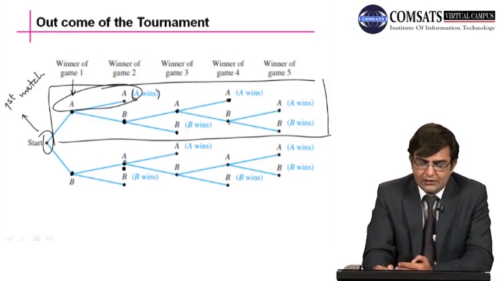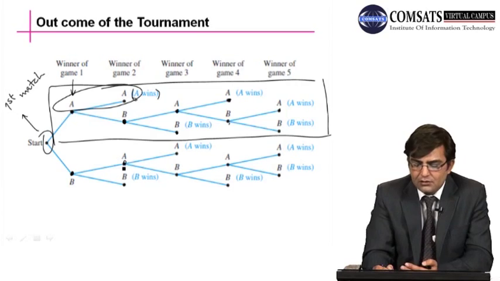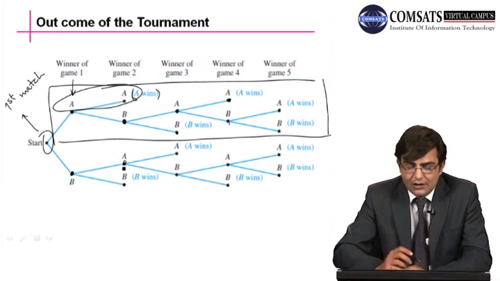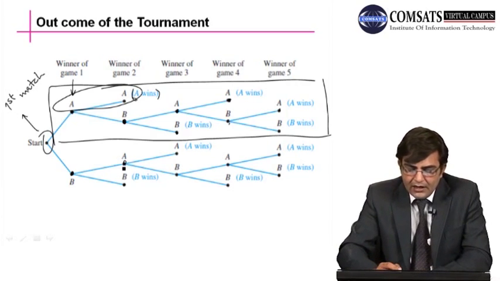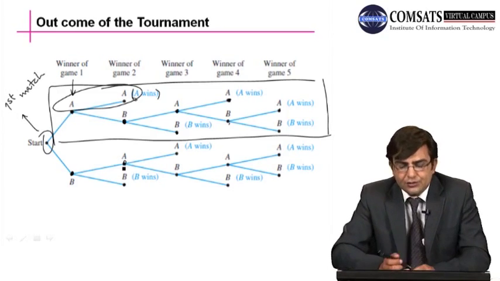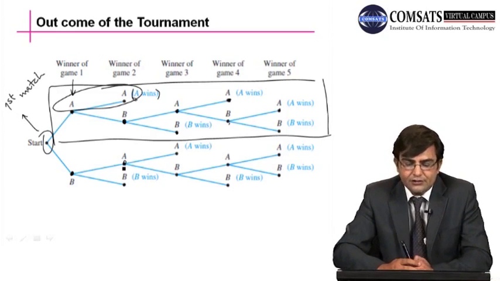They don't win the 3 games out of 4 games. So if B wins here, then the decision has been made, B is the winner. If not, we'll move further until the 5th game to decide the winner of the tournament.